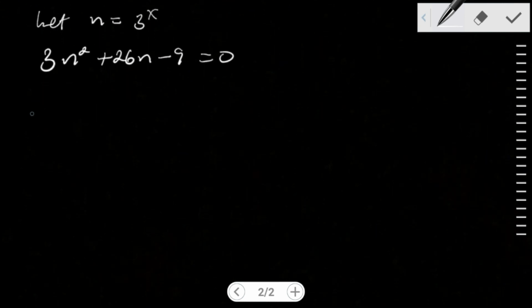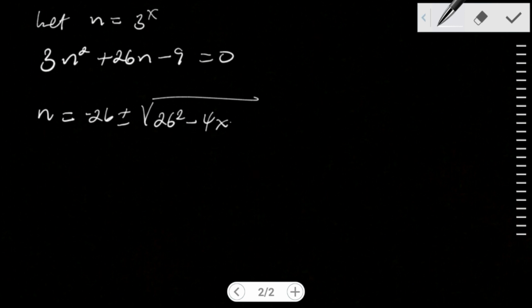So n would be equal to negative 26 plus or minus the square root of 26 squared minus 4 times a, which is 3, times c, which is negative 9, all over 2 times a, which is 2 times 3.